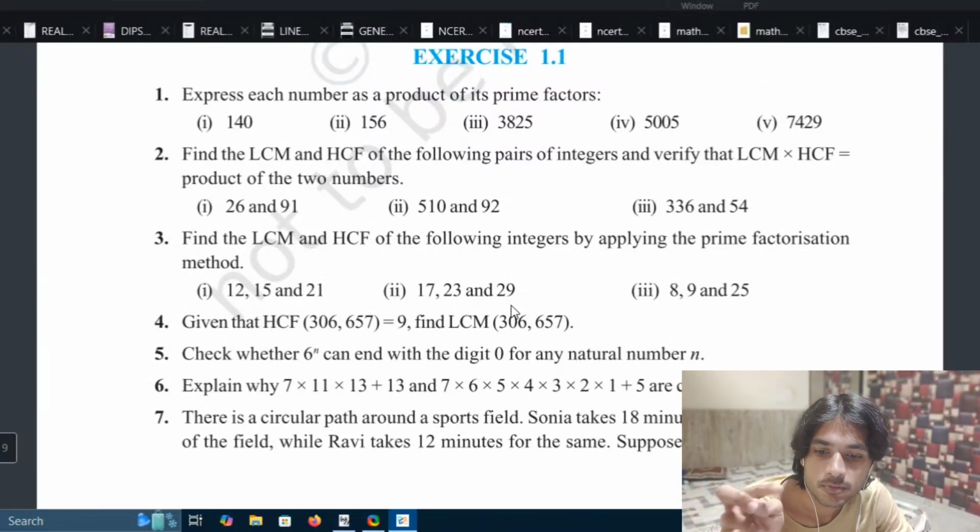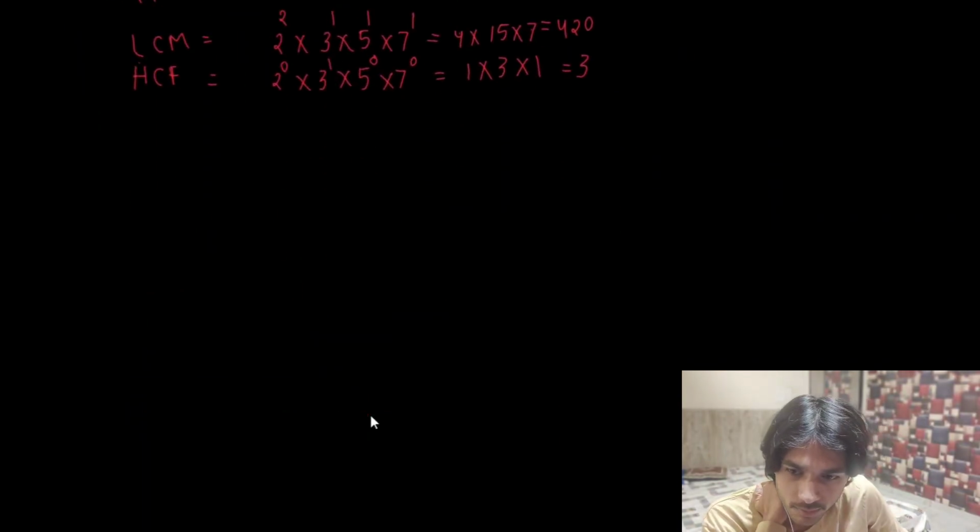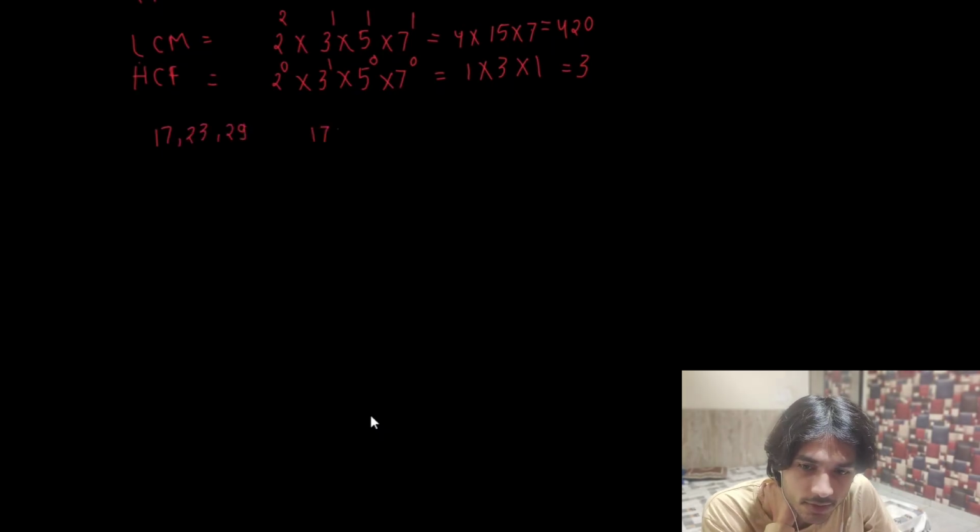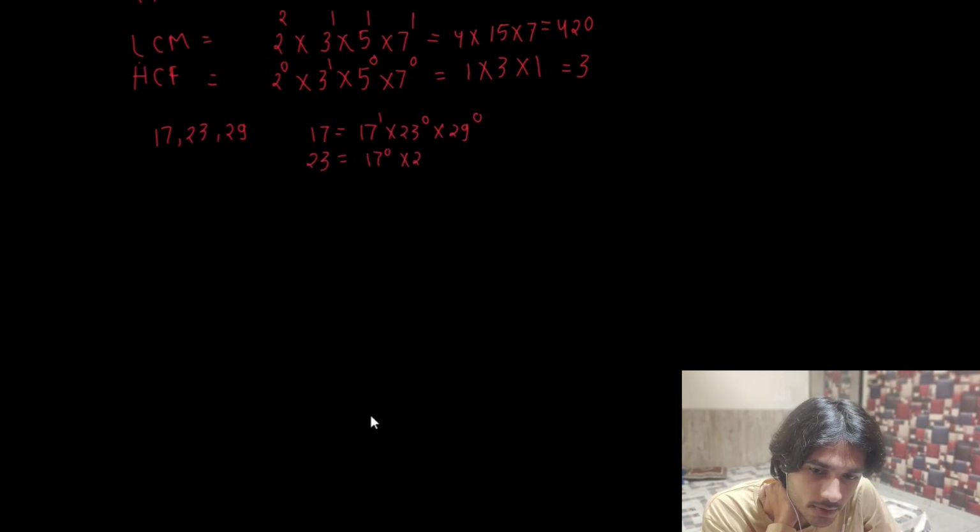Because the lowest power will be, like if I write it down like this, let me explain. If I'm writing the prime factorization, 17 can be written as 17 to the power 1, 23 to the power 0, 29 to the power 0. 23 can be written as 17 to the power 0, 23 to the power 1, and 29 to the power 0. And 29 can be written as 17 to the power 0, 23 to the power 0, and 29 to the power 1.